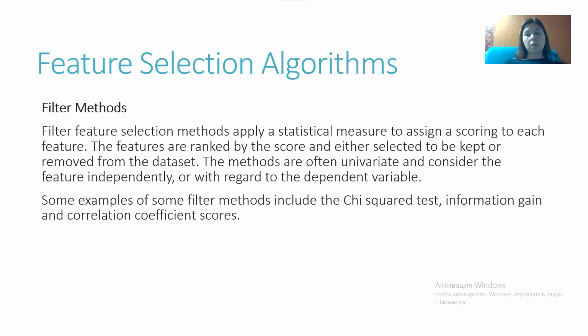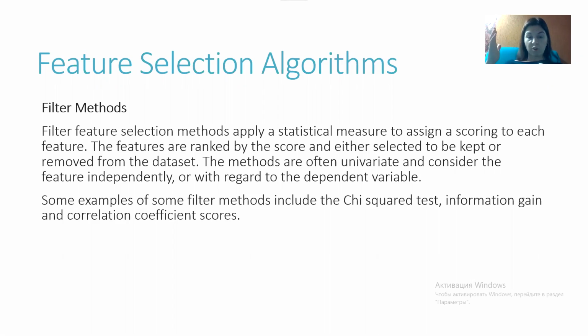As for feature selection algorithms, let's look at some groups of these methods. The first group is filter methods. Filter feature selection methods apply a statistical measure to assign a score to each feature.